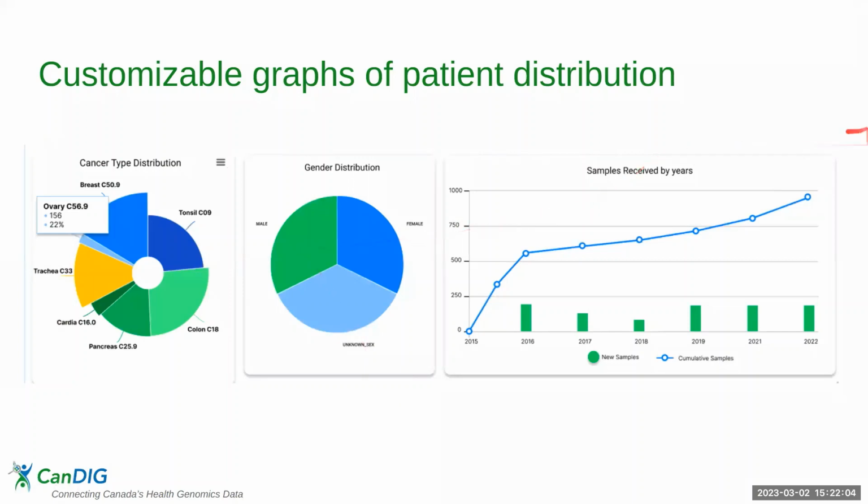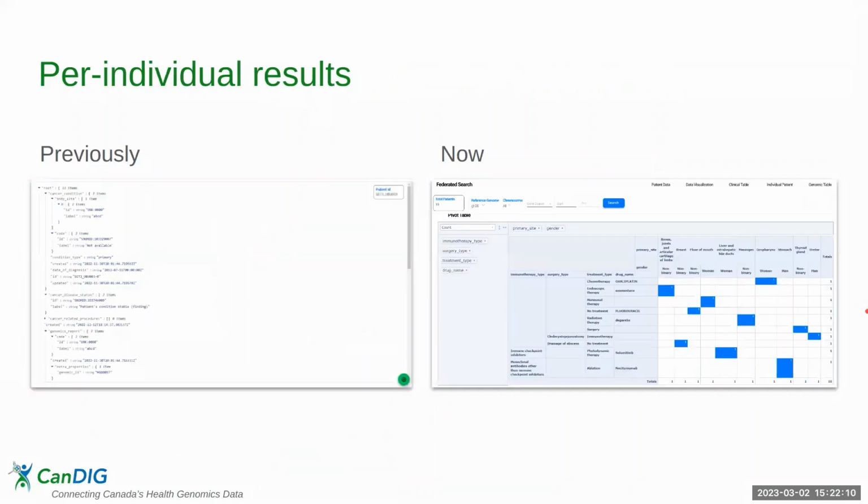I don't think we have yet mocked up how you can edit these graphs, but that's something we're currently working on. Another thing we're working on is figuring out how we can display per-individual results. Previously, you would select a particular patient and we would just return a giant JSON file. Now we're using something called a pivot table.